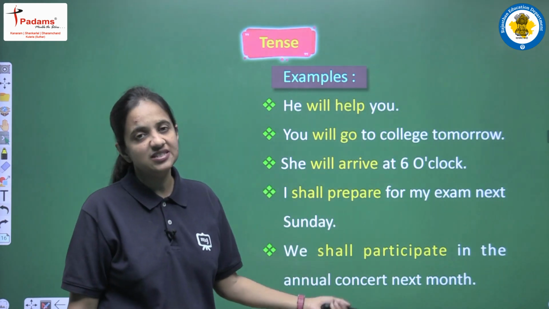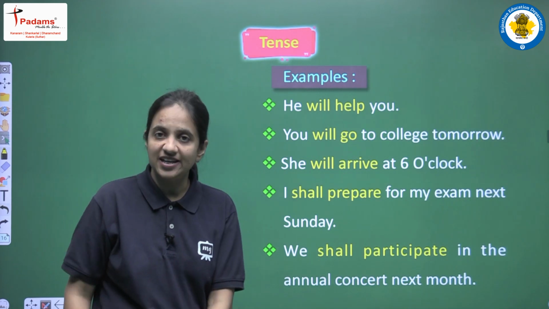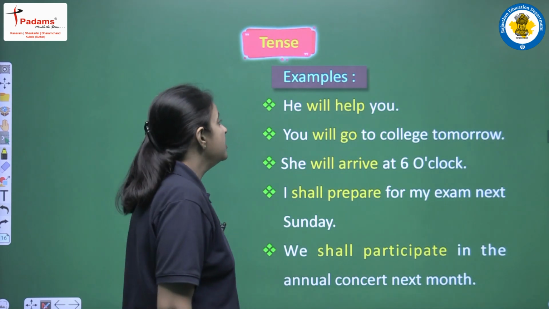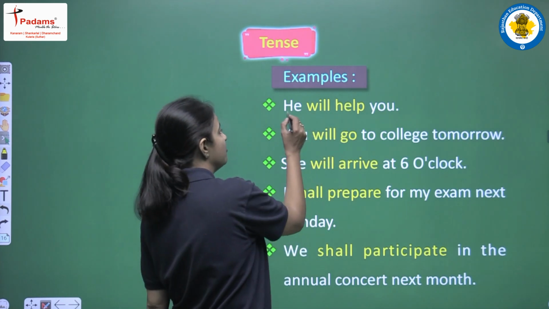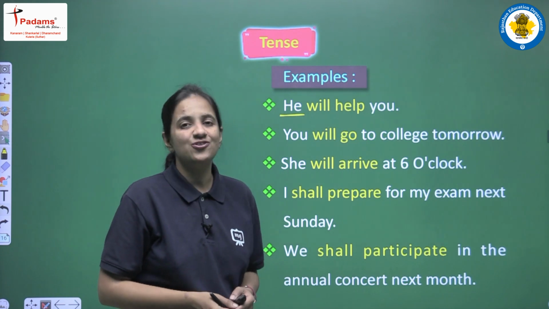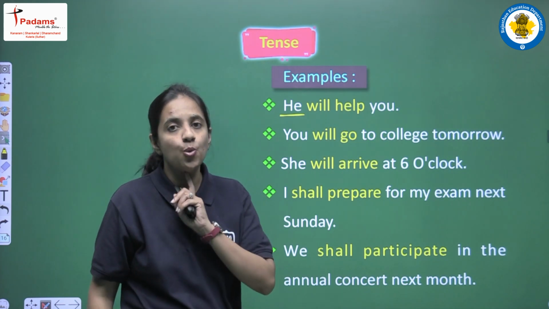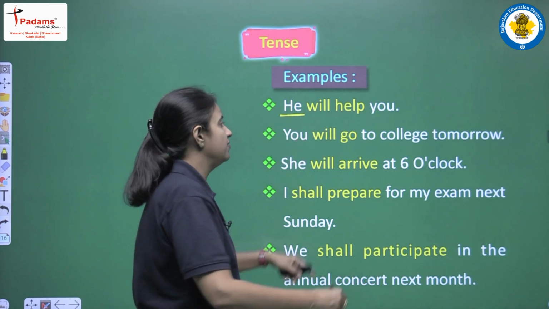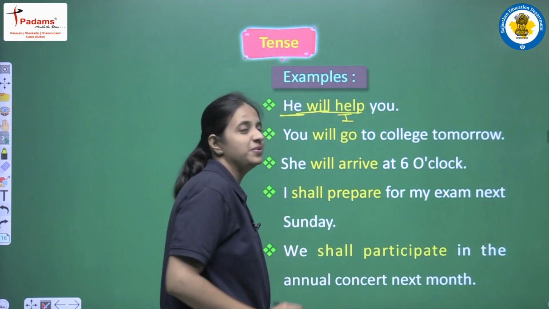Let's read some sentences in which we have future simple tense. The first one is he will help you. In this sentence we have he as a subject, and we have discussed that for all subjects except I and we we use will. So for he we will use will, and we will use the first form of the main verb, that is help.